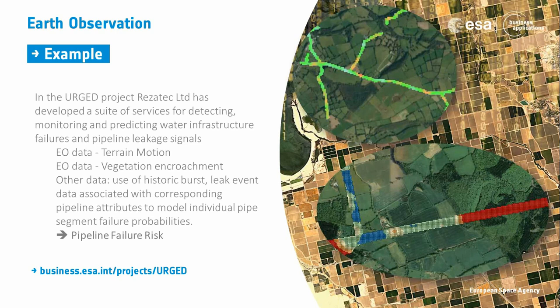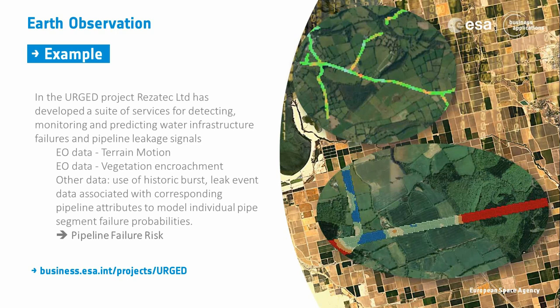What is important is that usually it is better for many applications if these data are integrated also with other information. For example, in this project, they integrated the Earth observation information with data like historic burst and leak event data associated with the different attributes of the pipelines.